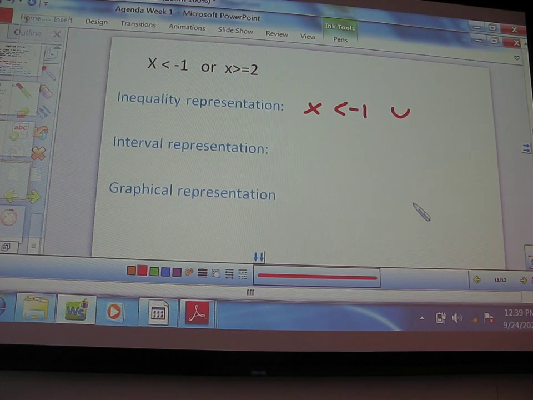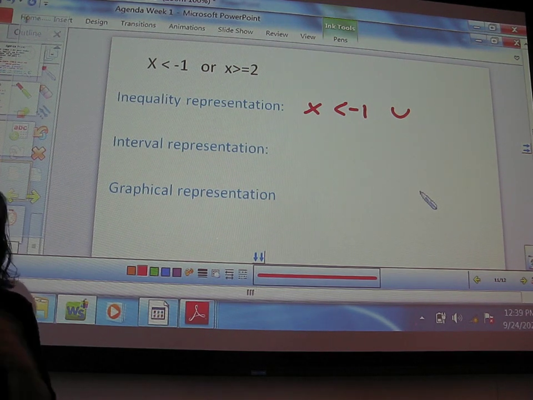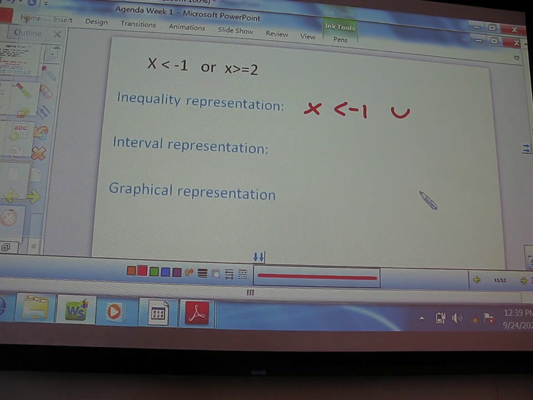Or is union, right? Because if I like carrots or potatoes, that means I like both of them. It's a union. I'm happy if you give me carrots or potatoes. Union with X is greater than or equal to 2. Good?